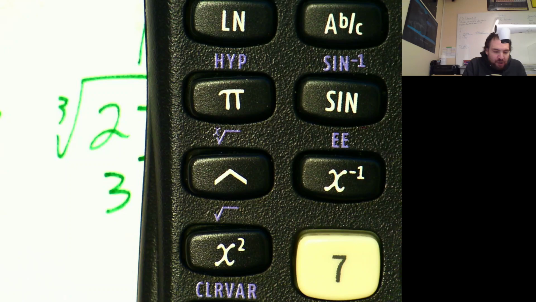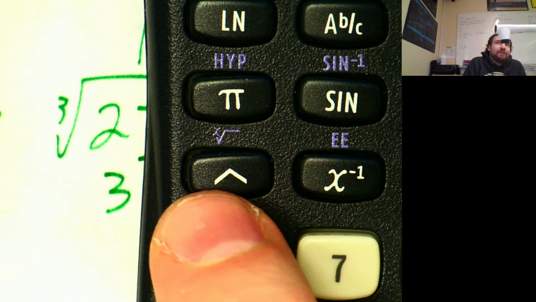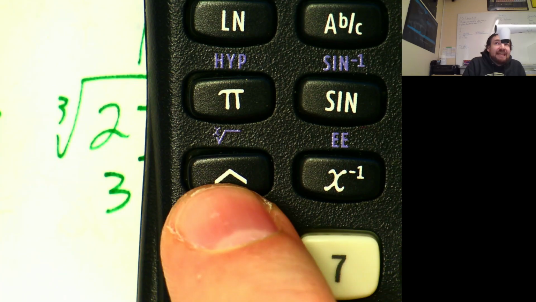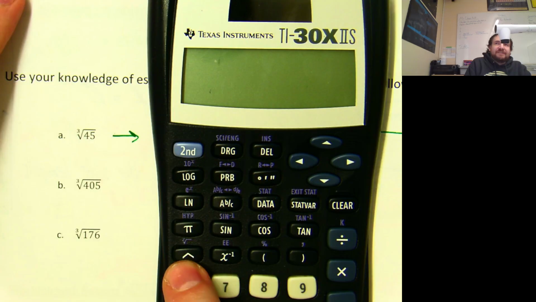Does anyone know what this little symbol here gives me on the Texas calculator? This button here lets me take whatever exponent I want. So if I push this button here, let's go 4 to the power of, that's what that means, 3. I can take any power I want now, 64.